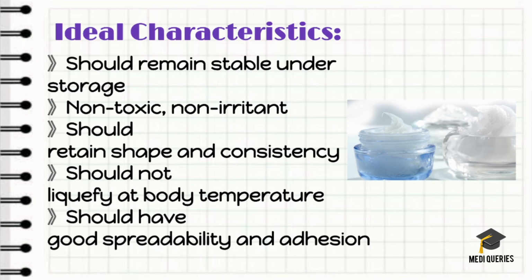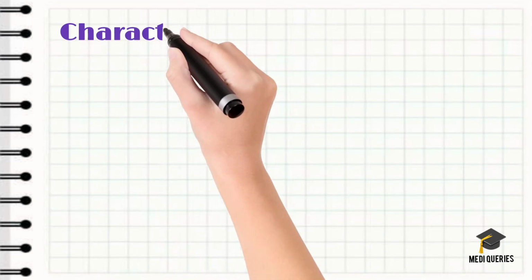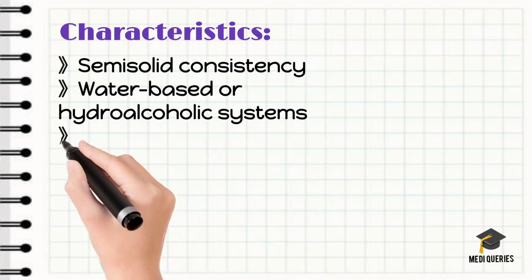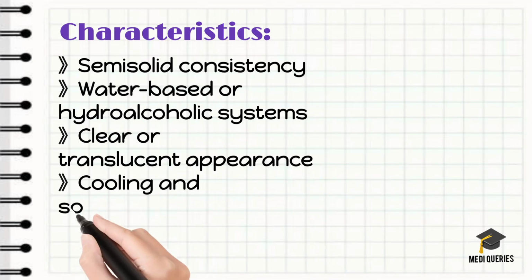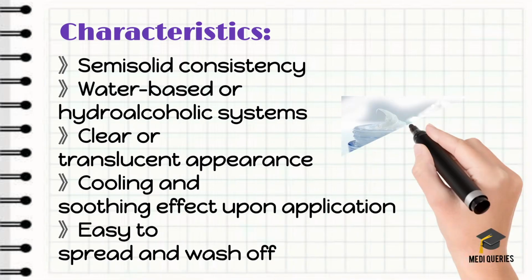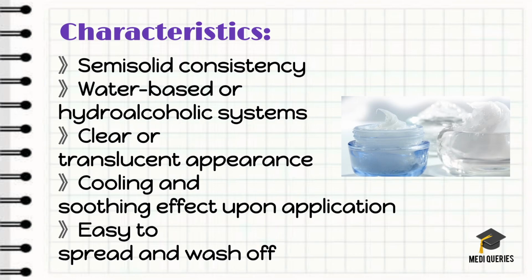Stability is another key factor. The jelly should maintain its integrity under different temperatures and humidity conditions and remain microbiologically stable throughout its shelf life. For certain applications like buccal jellies, bioadhesiveness is also a desired factor, so the jelly remains in place for sufficient drug absorption.